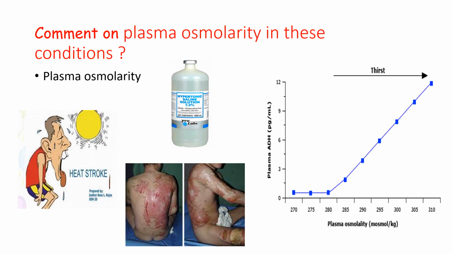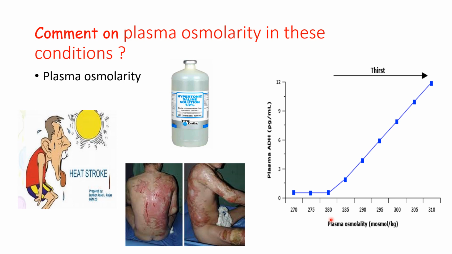Can you interpret this graph? Based upon the release of ADH and the plasma osmolarity, we'll try to understand what is happening here. We already said that plasma osmolarity ranges from a normal of 275 to 290. So here in the graph we have plotted it as 270 to 280.